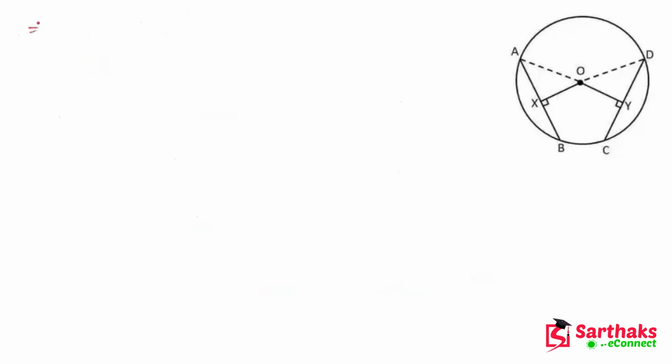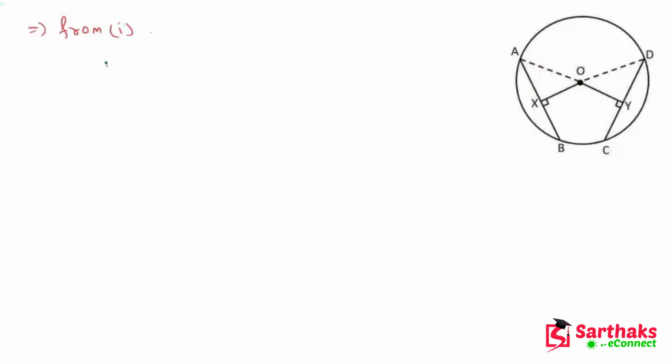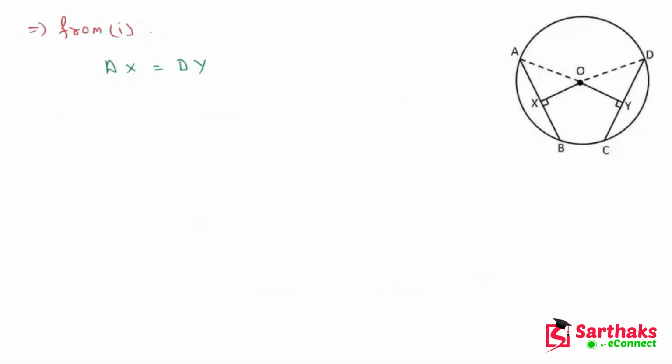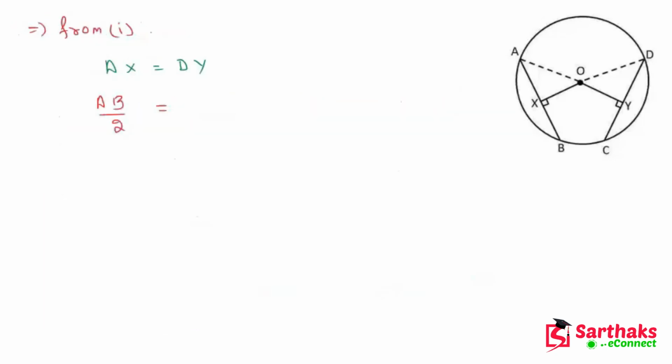Okay, and from 1 we know that AX is equal to DY. And AX is AB upon 2, and this is equal to DY, which is CD upon 2.